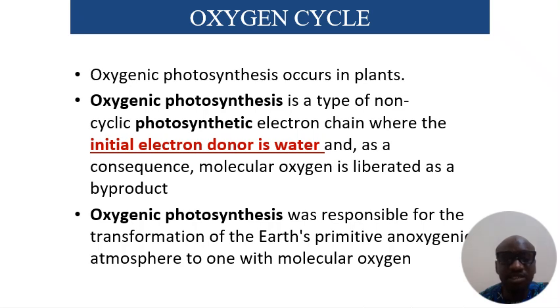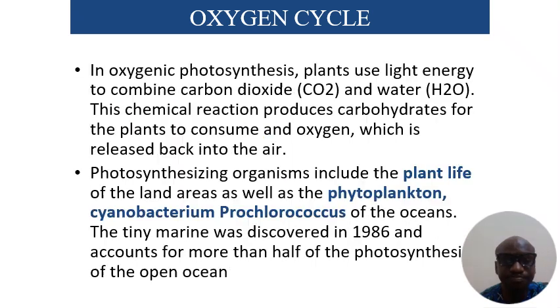Oxygenic photosynthesis is responsible for the transformation of the Earth's primitive anoxic atmosphere to one with molecular oxygen. Before photosynthetic organisms evolved, the Earth's atmosphere lacked free oxygen. So oxygenic photosynthesis by ancient cyanobacteria filled the air with oxygen, shaping the breathable atmosphere we rely on today. This shift is known as the Great Oxygenation Event, which is a defining moment for the planet's biosphere.